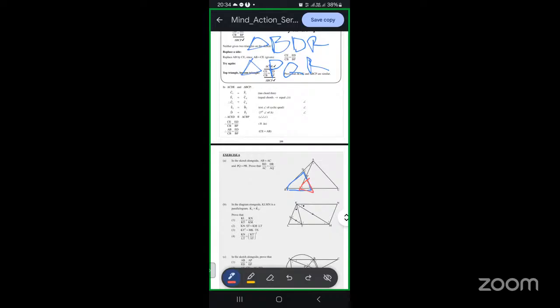Then now you said this one is a common angle. Okay, I agree. And then what do we do next? Then we prove that triangle PQR is similar to AQC, sir.